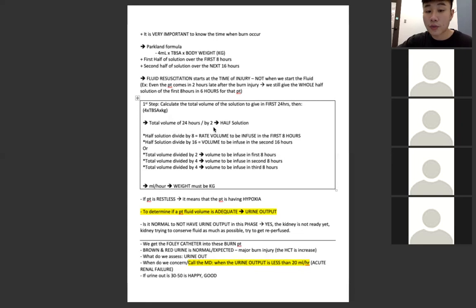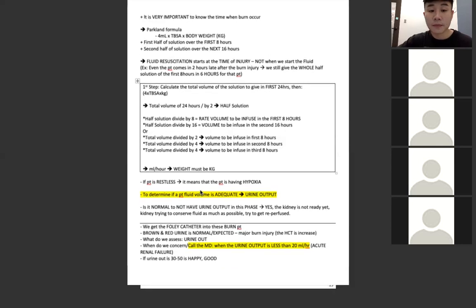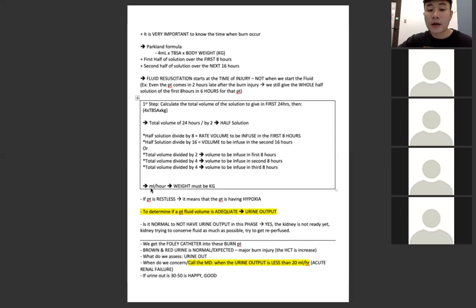You just use total volume divided by 2 to get the first 8 hours, but to get the second 8 hours, you divide it by 4. You use the total volume, not the half total volume, for the second method. And the result should be in milliliters per hour, and the weight must be in kilograms. If she gives you pounds, please convert it to kilograms.